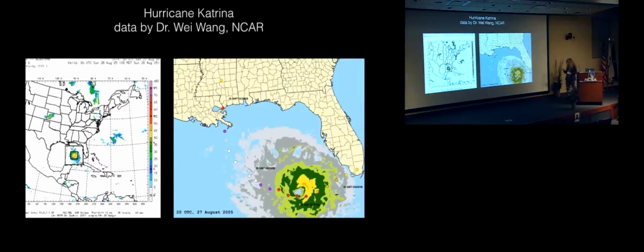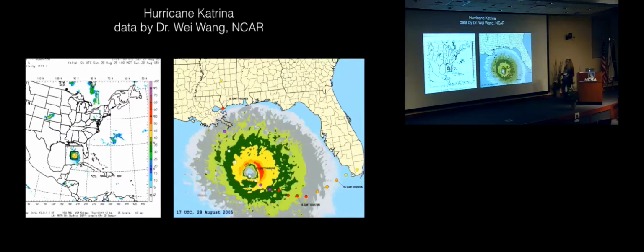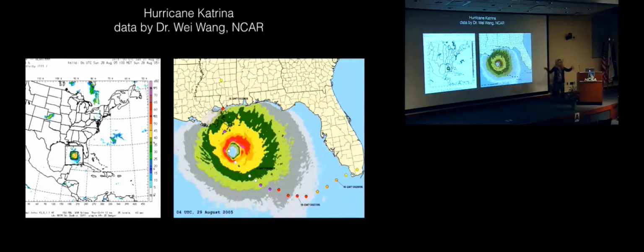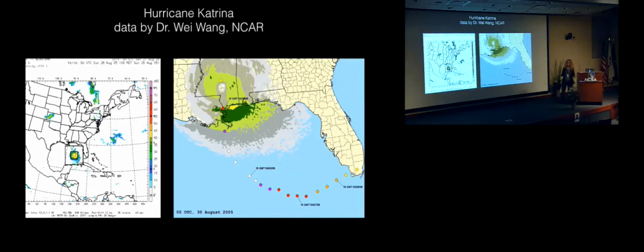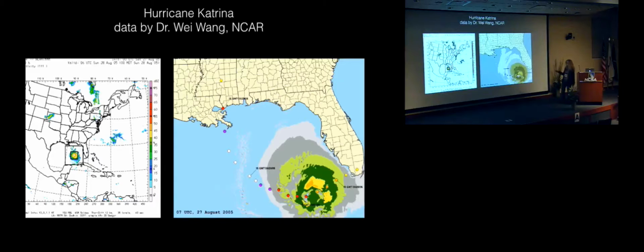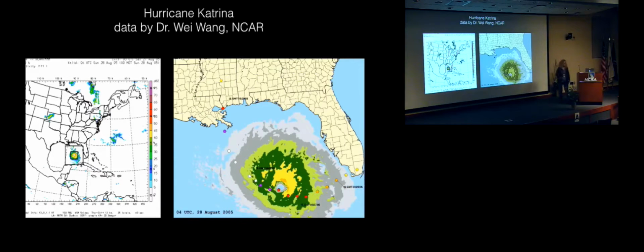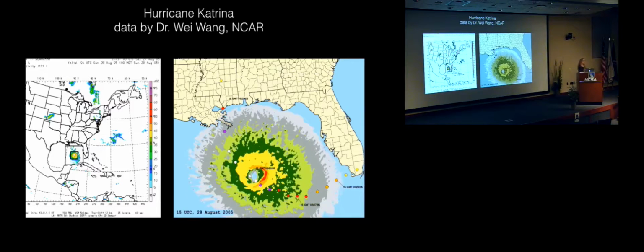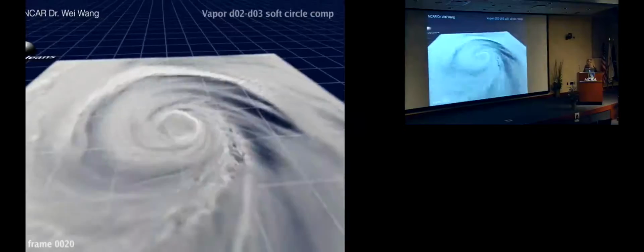Now, when we worked with NCAR to visualize Hurricane Katrina, most of the time we get high-resolution cubes of numbers that are multidimensional with many scalar values at every voxel. And we usually will get graphs that help us try to understand where the scientists are starting to visualize that data.